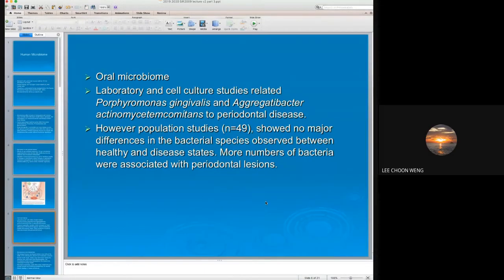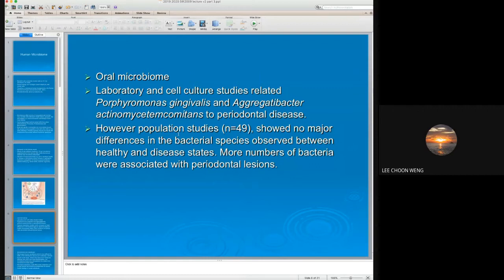So when we are talking about the oral microbiome, from laboratory and cell culture studies, their findings show that Porphyromonas gingivalis and Aggregatibacter actinomycetemcomitans are important for periodontal disease.